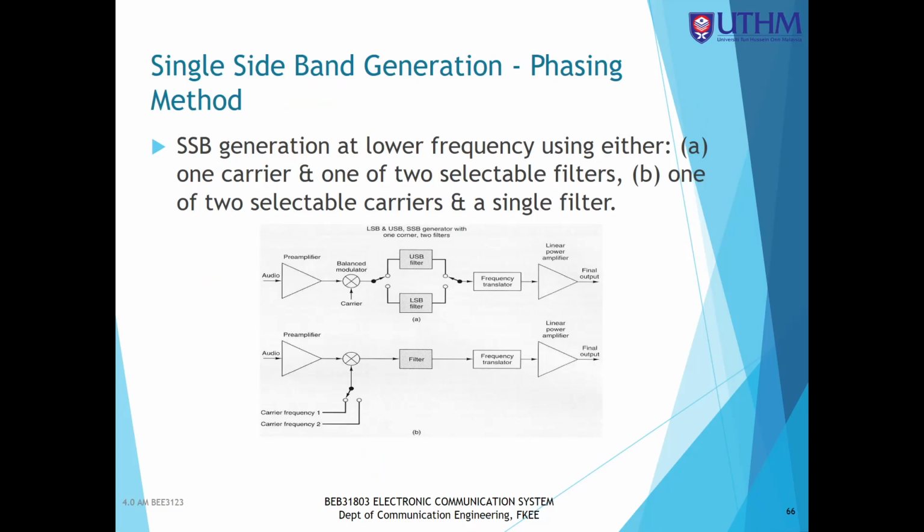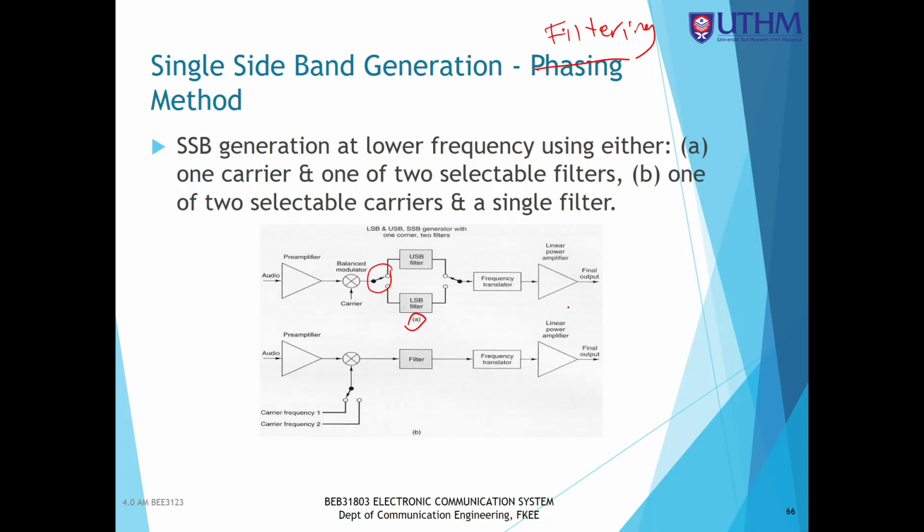Similar with this, this is still the filtering method. In picture A, it uses a switch with two different sets of filters. If we want to select the upper sideband, we use the upper sideband filter. When we want to choose the lower sideband, we choose the LSB filter.